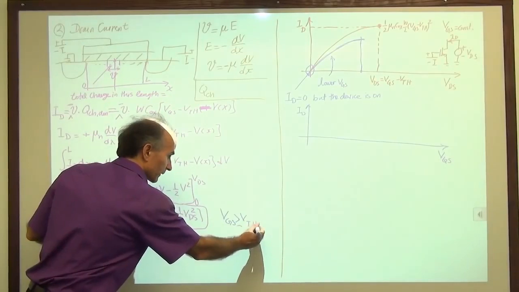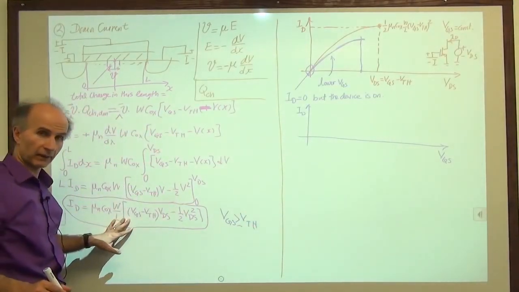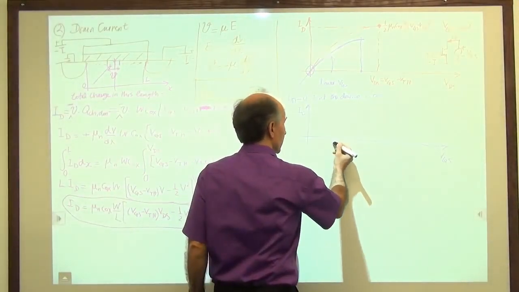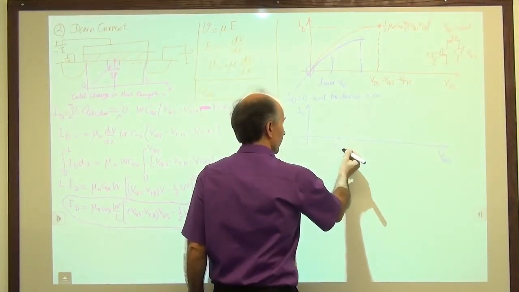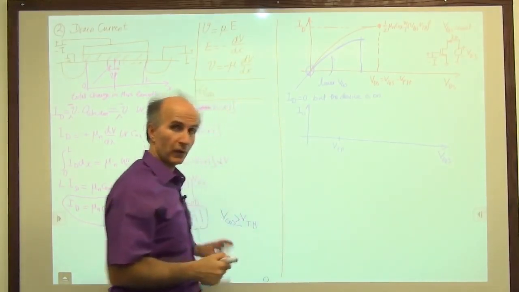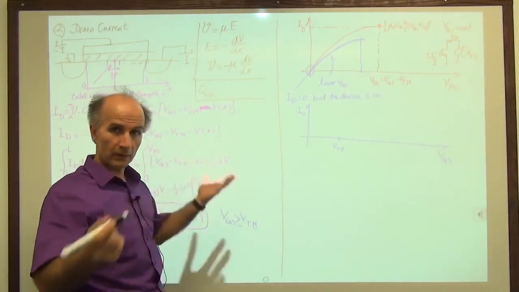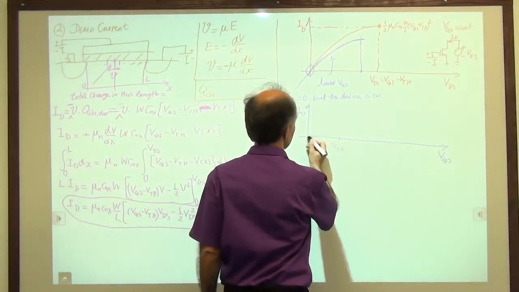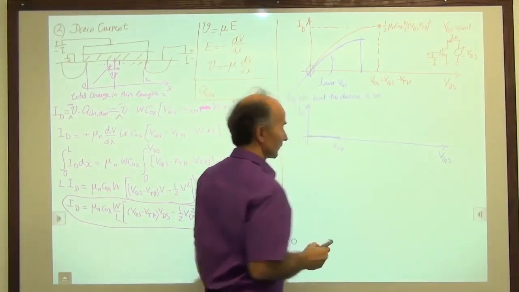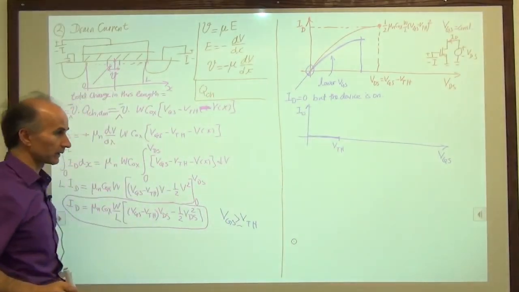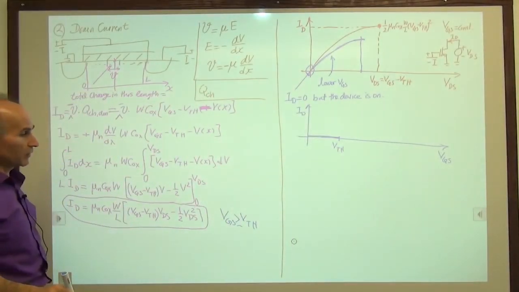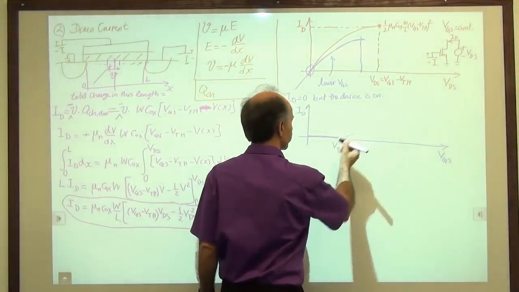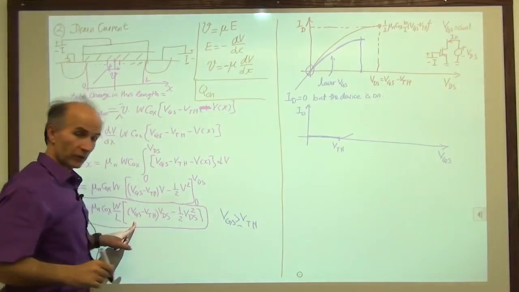Otherwise, this equation is not valid. It doesn't predict things correctly. So we have to resort to our own knowledge of the device for less than a threshold. We should not rely on this equation. Say, well, when the VGS is less than the threshold, there's no current, the device is off.